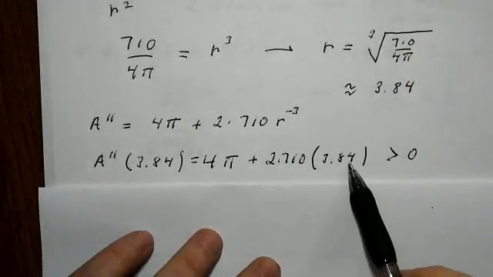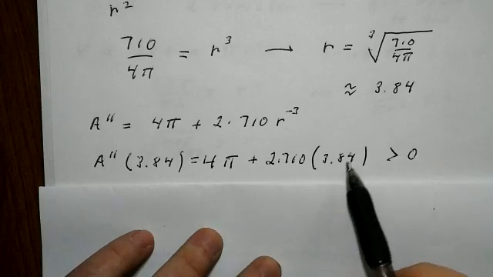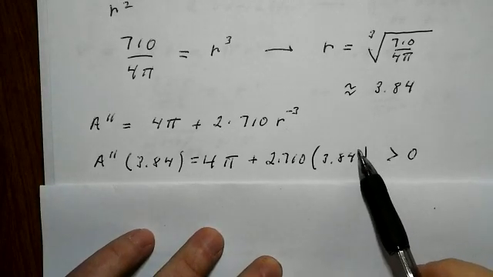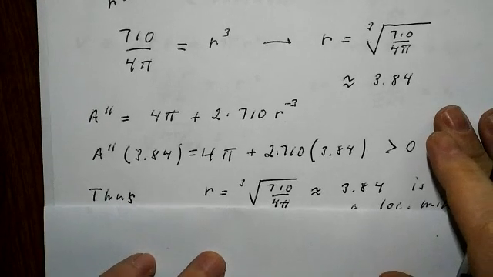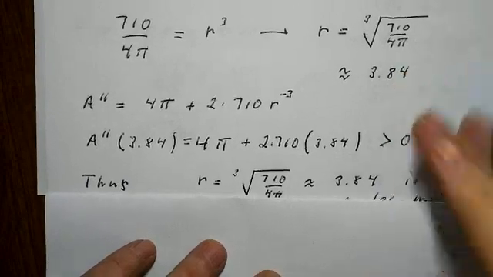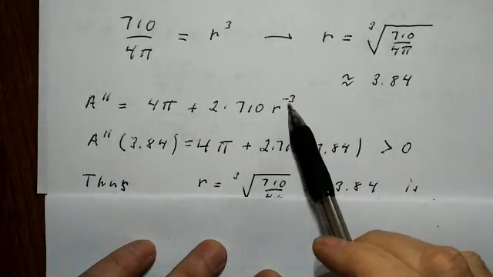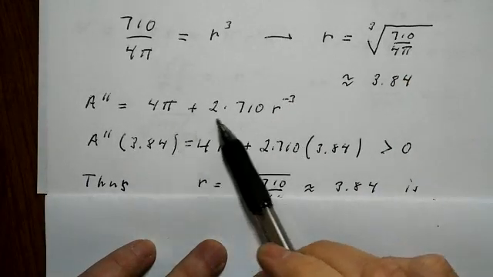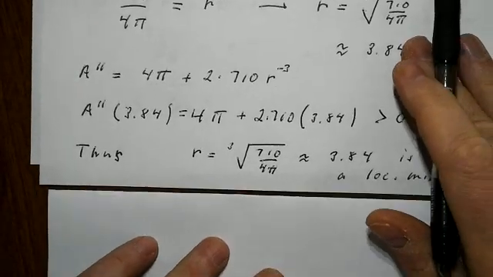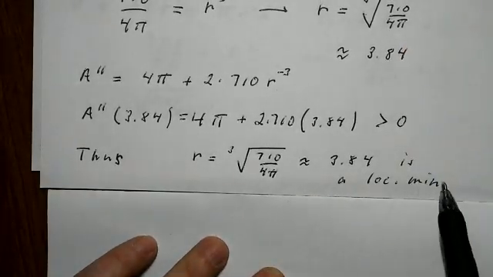I don't even really need to evaluate it here. Once I look at this, I see that I have something that's positive. I think this is correct. I may have forgotten to raise this to the minus 3 power. But in any event, I can actually see that so long as r is positive, A double prime is going to be positive. So this will be a local minimum by the second derivative test.